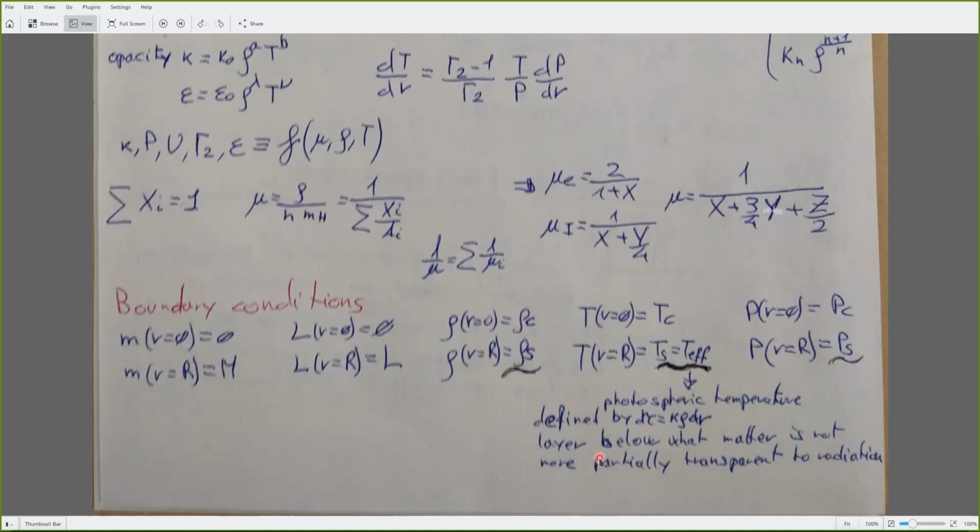Consider it like where a fog starts: if you're seeing a person entering, where we stop seeing the person well is where the fog starts, that is the surface. Similar for the star. And the pressure too. Usually, sometimes these three are just considered zero for simplicity. That's the reason I put this one, because these are for the perfect solution, but for a simple solution, usually you put this one to zero.